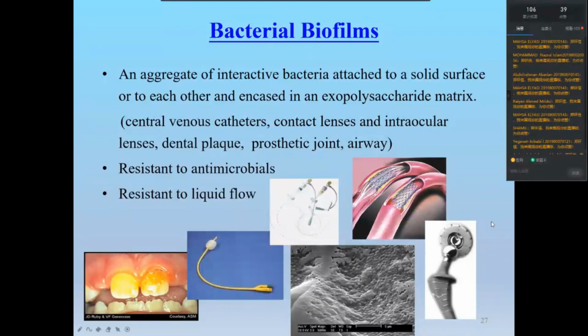But in this artificial joint, it's just metal or plastic, and there are no immune components, so there are no molecules or cells to inhibit the growth of microorganisms on the surface.